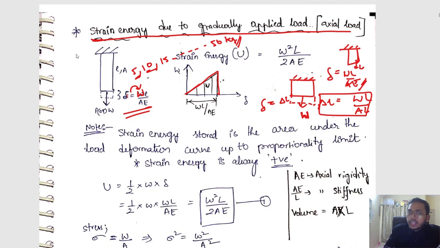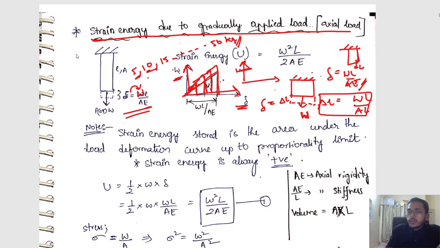Agreed? If I draw a graph between load and deflection, this curve will be called the load deflection curve. As the load is increasing, my deflection keeps on increasing, therefore I am getting a triangular curve. Whereas in suddenly applied load, your W value is constant.